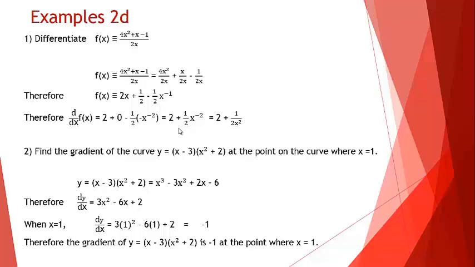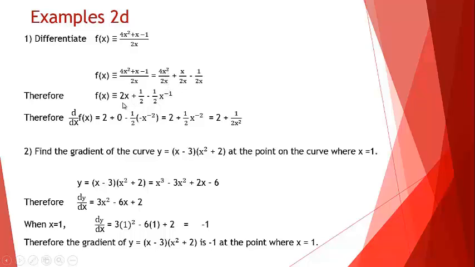So therefore f of x becomes 2x plus 1 half take away 1 half x to the power -1. We got the 2x by dividing 4x squared by 2x, and then x over 2x would give us just 1 half because we cancel off 1x from the top and the bottom.